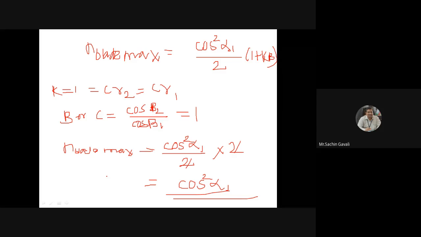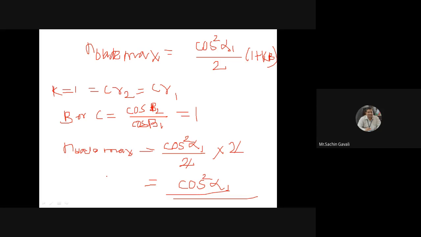Understood, right? Yes. Anybody having problem, please say. Understood? Yes, okay. Only Shaneshwar is understanding, others? Please write, okay, cos square alpha 1.